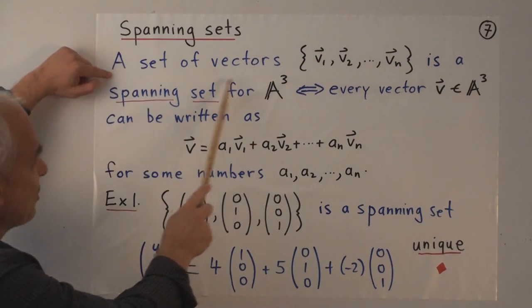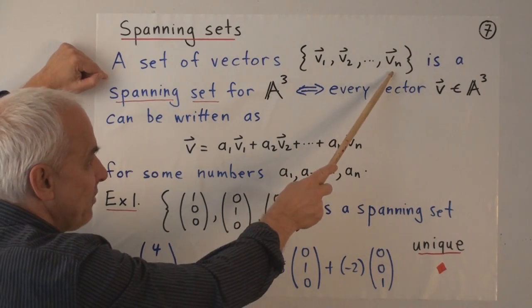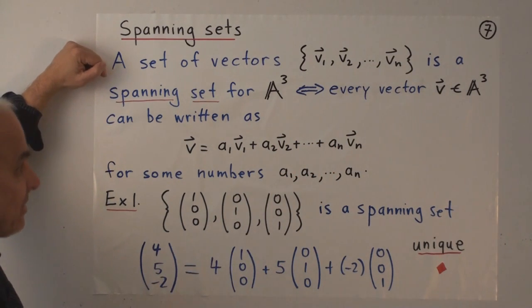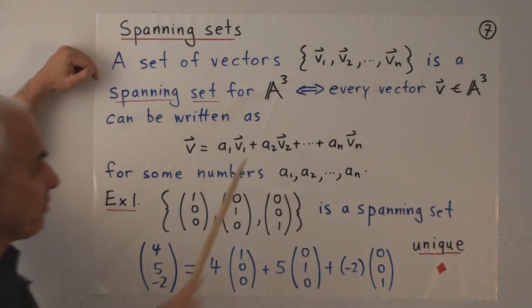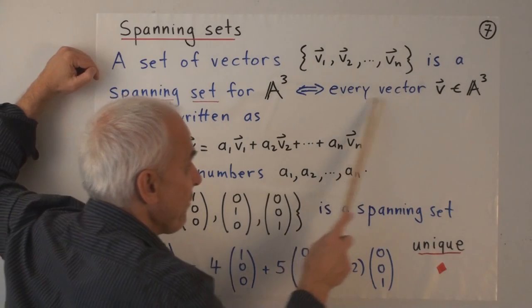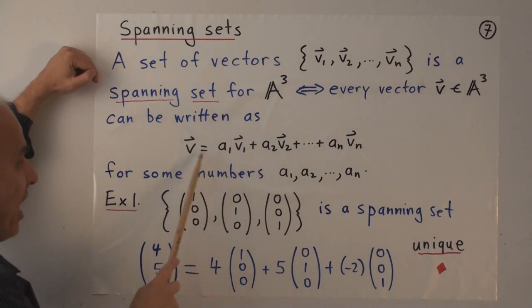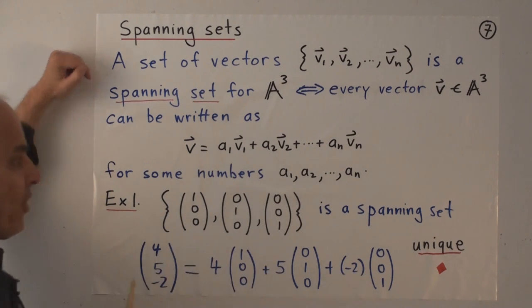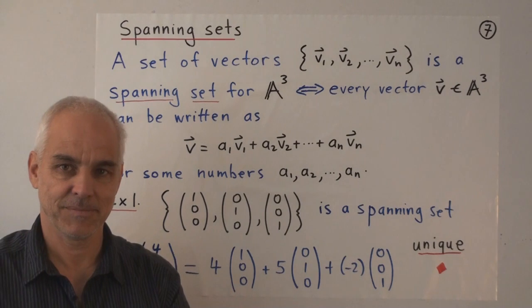And we'll say that a set of vectors, say v1, v2, up to vn, a set, is a spanning set for 3-dimensional space precisely when every vector in the 3-dimensional space can be written as a linear combination of those n vectors v1 through vn.